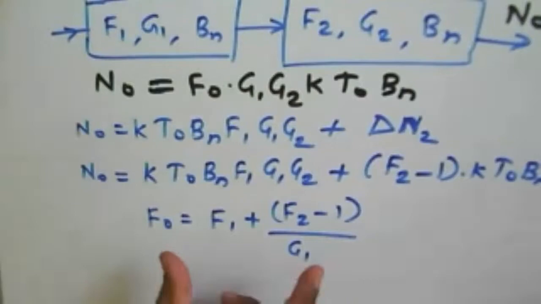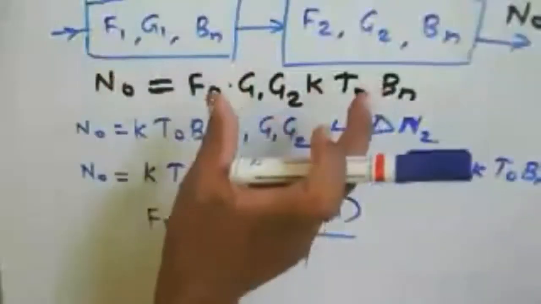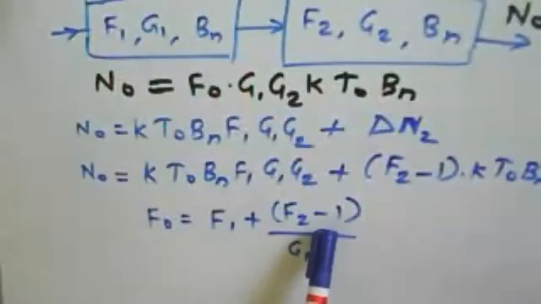Since there are two components, two networks in a cascade, that's why there are two terms.